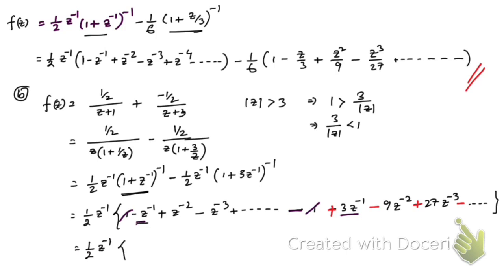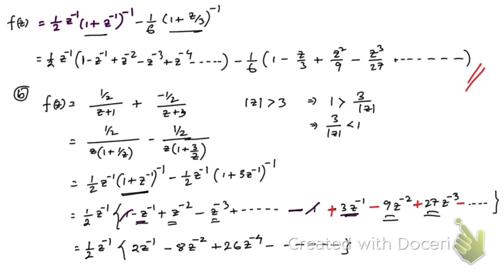So the sum of these two is going to be 2 z to the power minus 1. Then the sum of these two is going to be minus 8 z to the power minus 2. Then the sum of these two is going to be plus 26 z to the power minus 4. Then minus and dot dot dot and so on. That's what we're going to have.